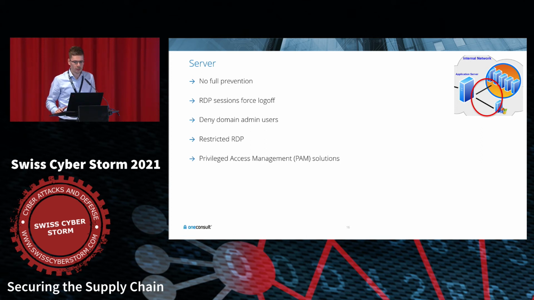Also, we can use restricted RDP so that everything is run as system, with the drawback that we cannot connect to further machines from there. And there are also privileged access management solutions, called PAM solutions, which allow us to change the passwords of highly privileged users frequently.